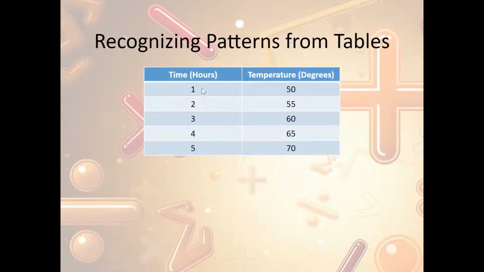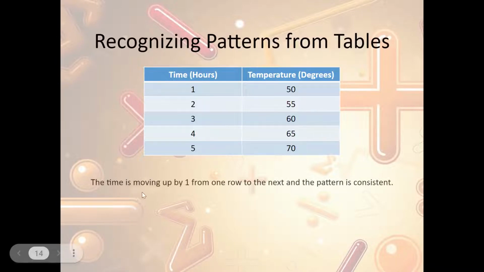So in this case, we're going to try to recognize what pattern we see in the columns. So if we look here at the time, we see that each time we go down one level on the rows, that we're adding 1. So we could say that time is moving up from one row to the next, and the pattern is consistent, right? We didn't have add 1, add 2, and then add 1. We're consistently adding 1.